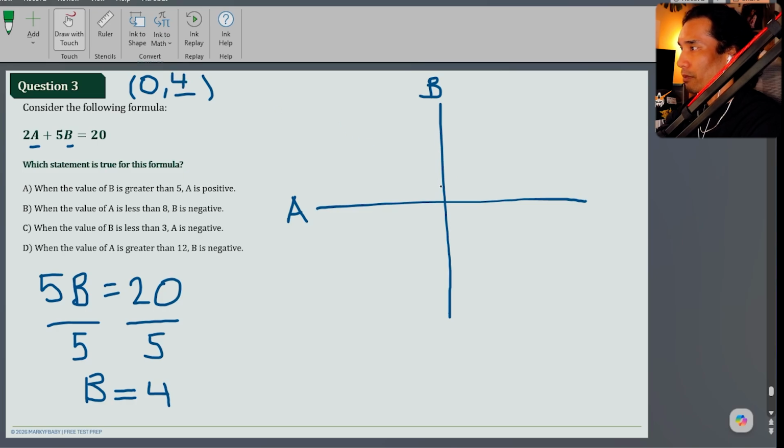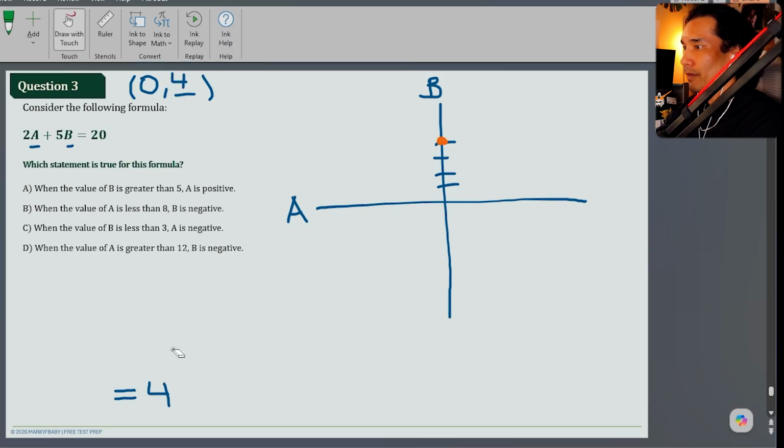And I'm going to go ahead and plot that right now. 2, 3, 4. And then I'm going to change colors. And then we have this right here. And then now I'm going to set B to 0. So then I have this right there, and this for 0.